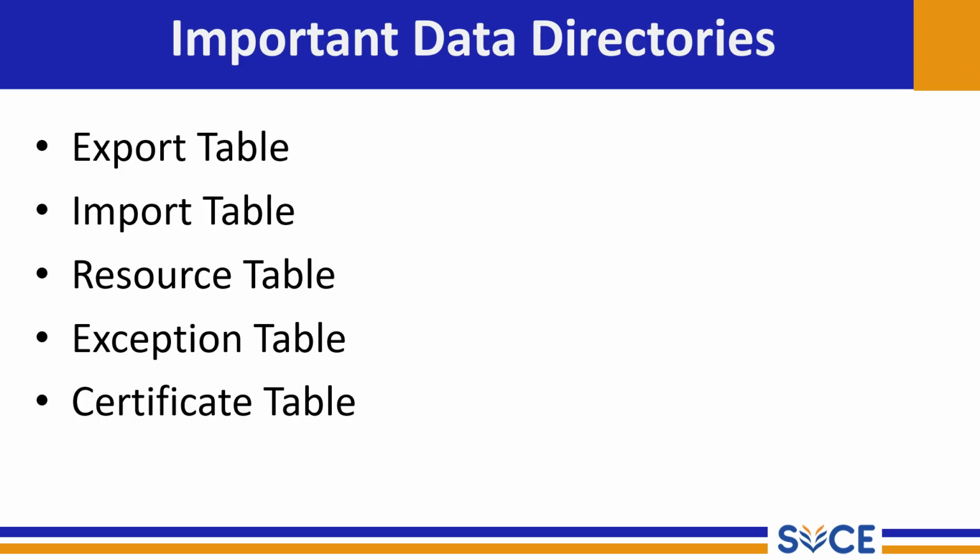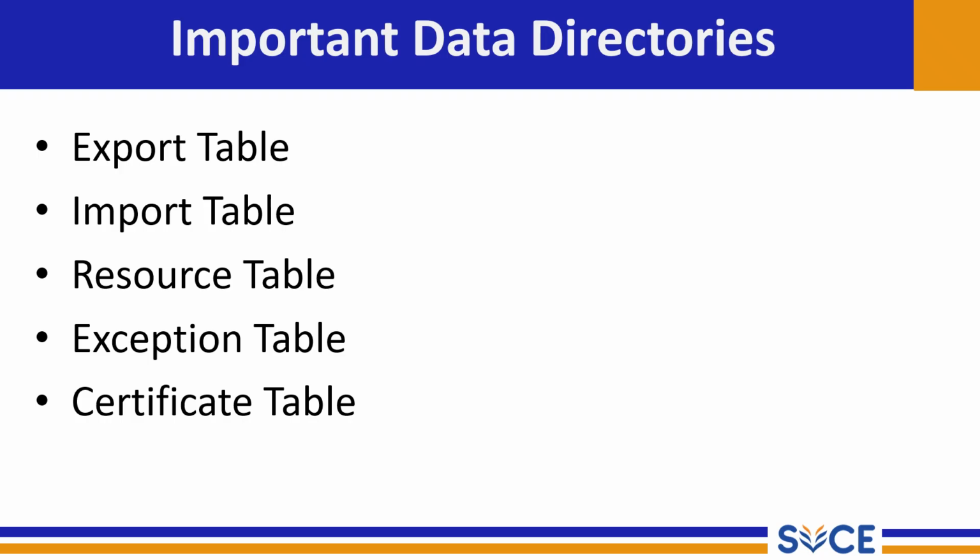And in the section table, there is an array of section headers which follows the optional header, where each section header describes one section in the file, with key fields like name, virtual size, virtual address, size of raw data, pointer to raw data, as well as the characteristics.